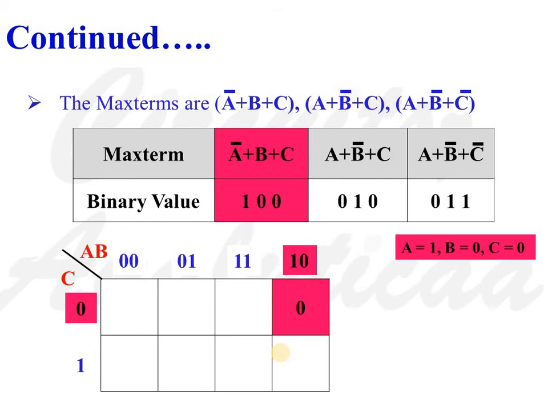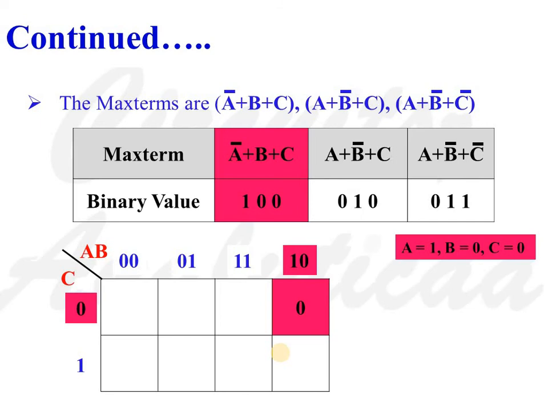In the case of standard product of sum expressions, to find binary value from the max term, if a variable is present in the max term in true form, replace that with 0, and if a variable is present in the max term in complemented form, replace that with 1.